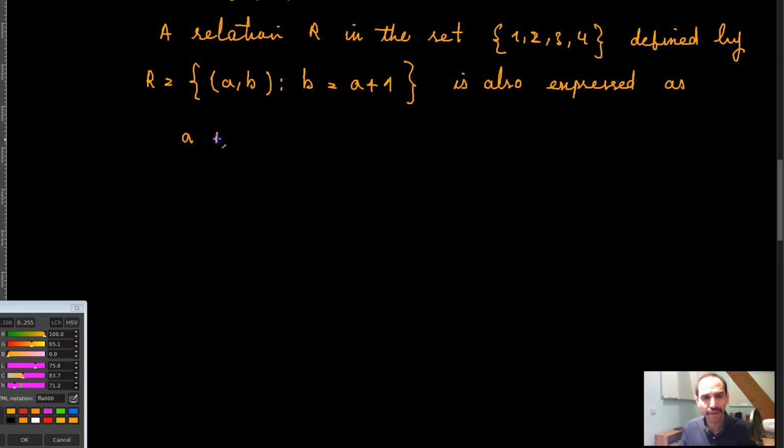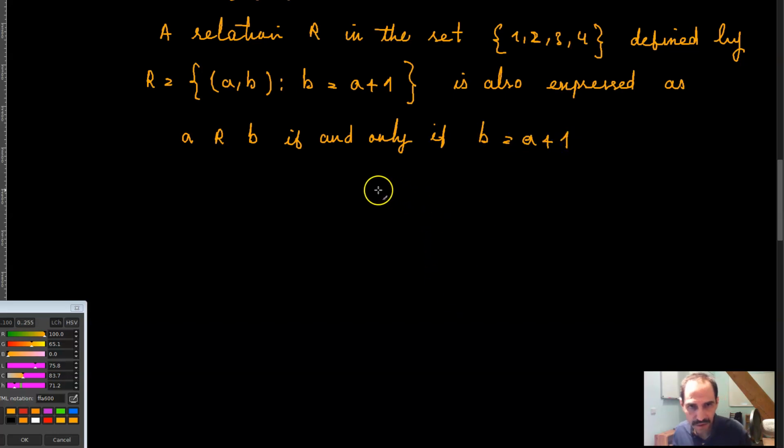You can say aRb if and only if b is equal to a plus 1.